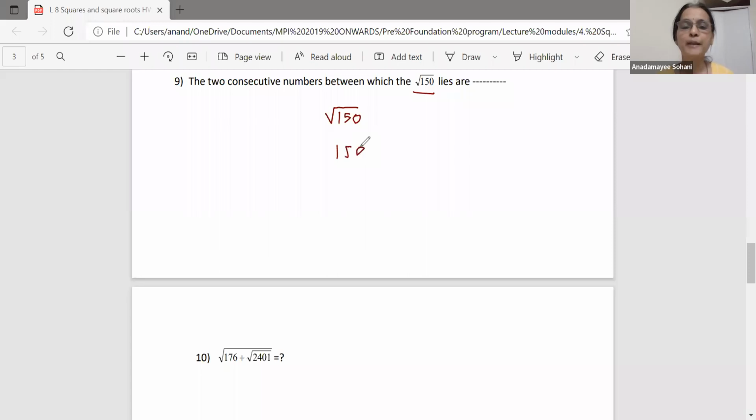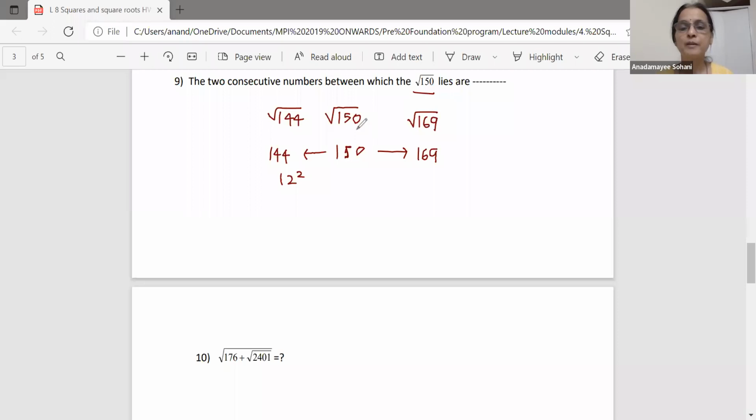The closest smaller square number to 150 is 144, which is the square of 12, and the next square number is 169, which is the square of 13.